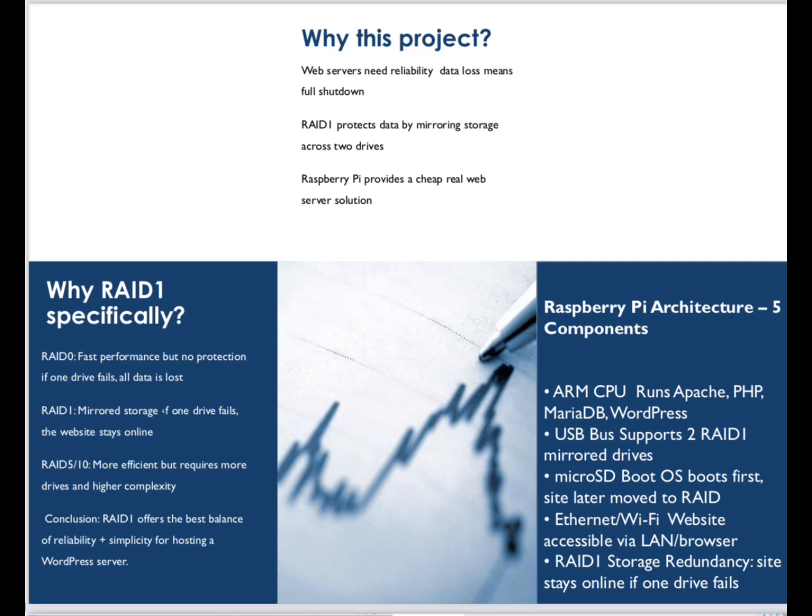Now I will explain how my project relates to the Raspberry Pi architecture and how 5 core components were used in building the server. First, the ARM CPU. The CPU is responsible for executing instructions and running the server.